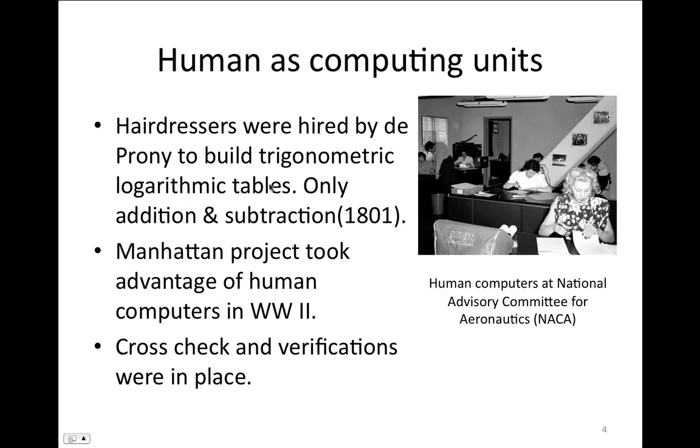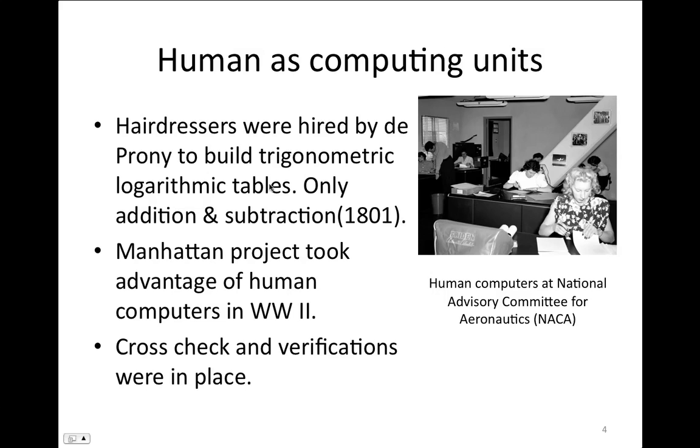They could only do addition and subtraction, but that was enough, with some cross-check and verification in place, to make some larger scale calculations. Another famous example is the Manhattan Project, where in World War II they wanted to accelerate the development of the nuclear weapon, and they hired mostly ladies because they were short of men, who were in France, to do the calculations manually.